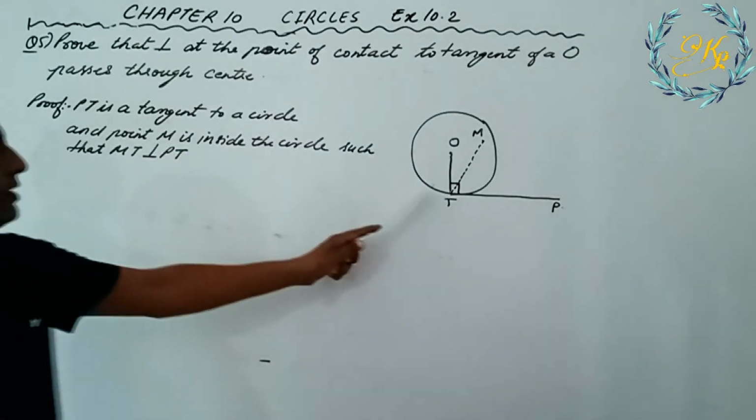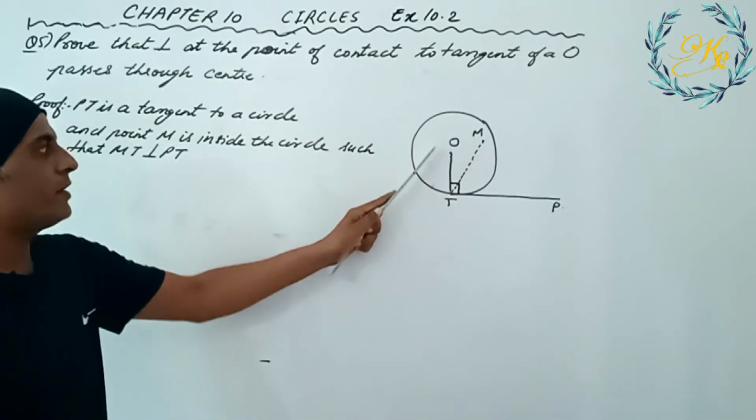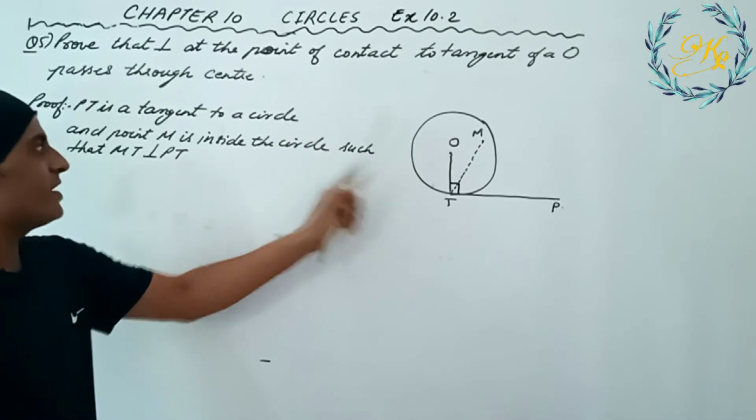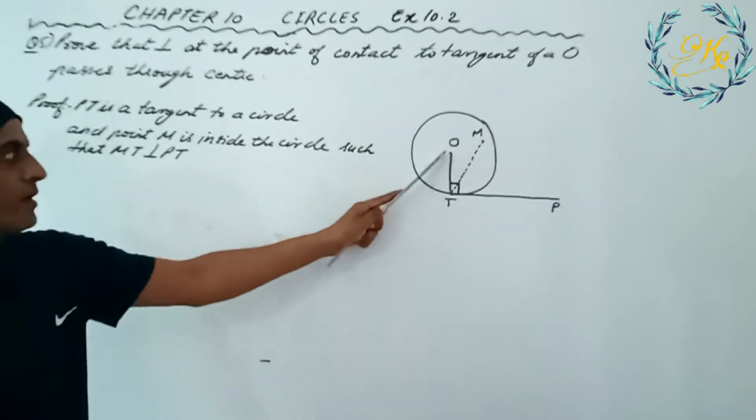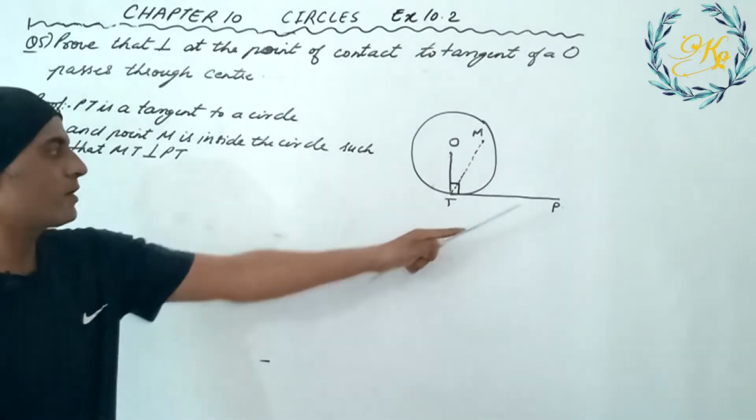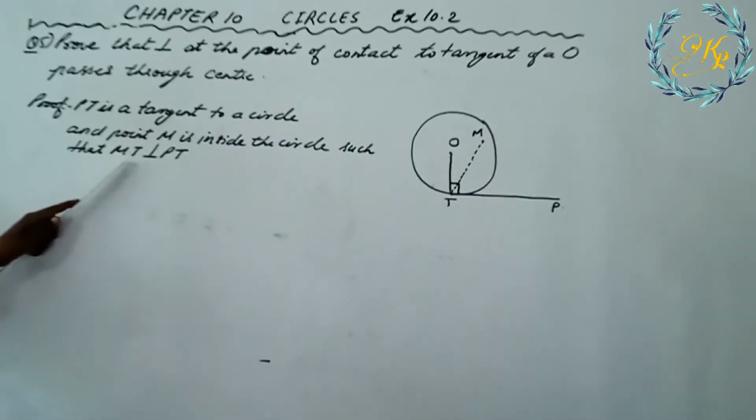Now according to figure, you can see the point M other than point O. But in the first case, we assume that M point is at point O. Then it forms a perpendicular to the tangent. Okay, MT is perpendicular to PT.